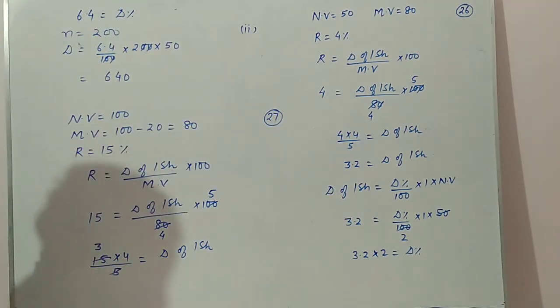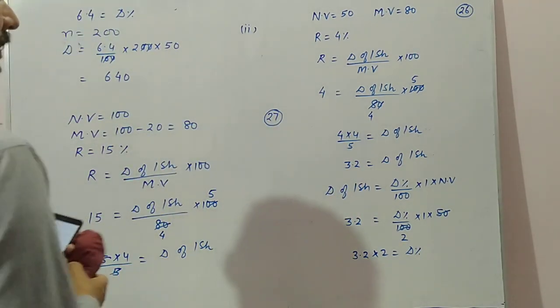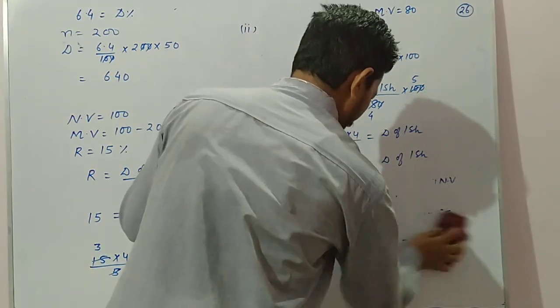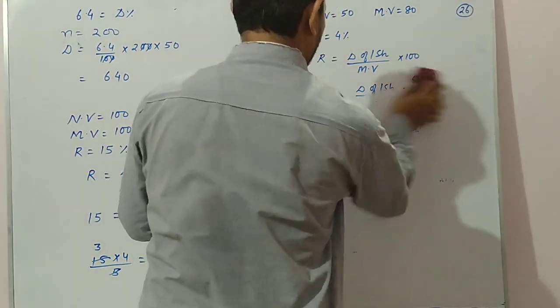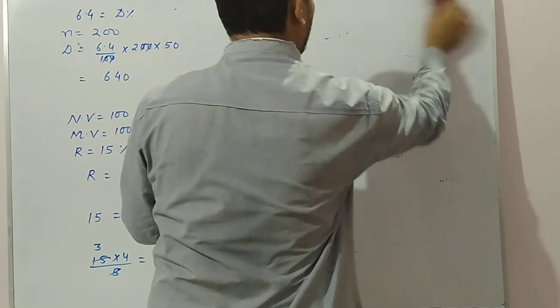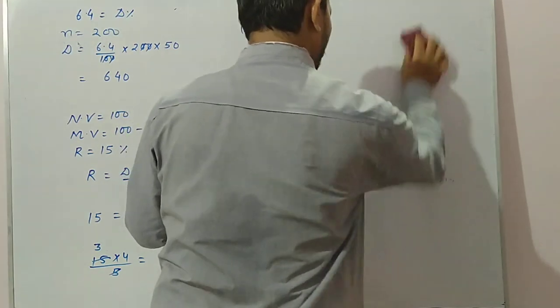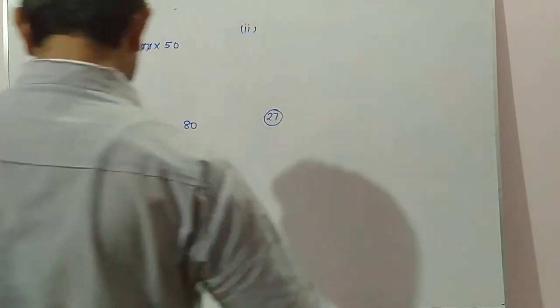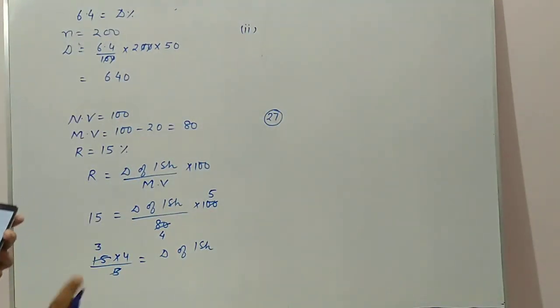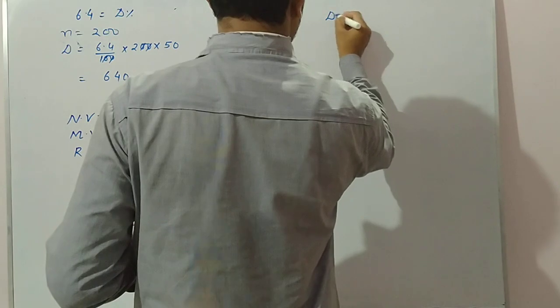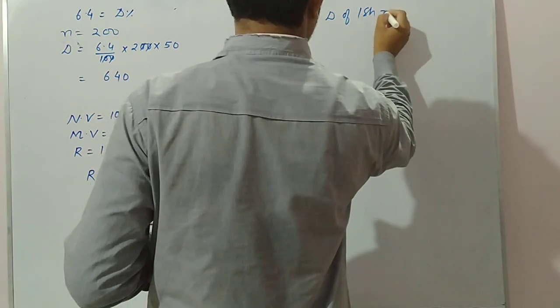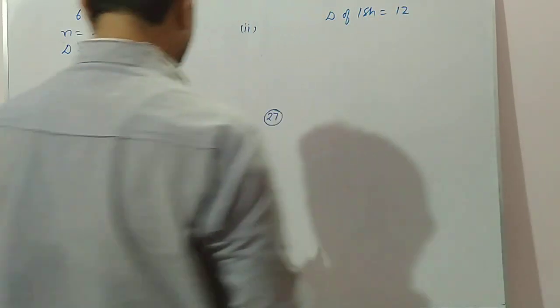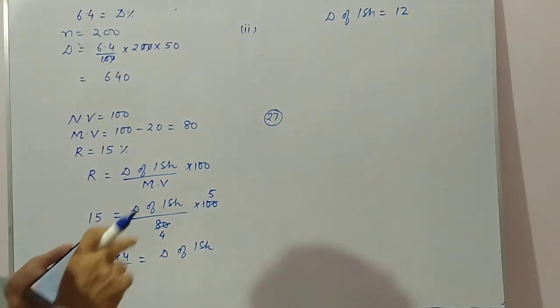So dividend of one share you are getting 3 into 12... dividend of one share is 3 into 4, that is 12. Now from here we can find the rate of dividend.